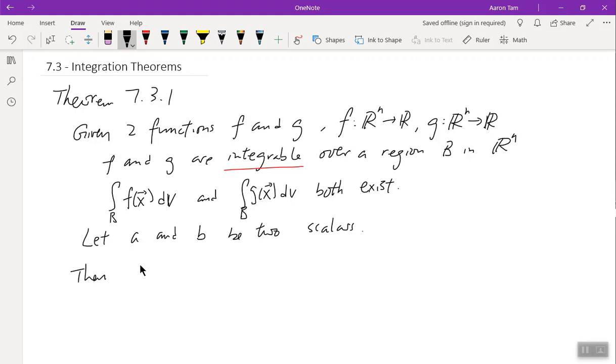If I take the integral over B of a f of vector x plus b g of vector x dV, what this tells me is that if I integrate a sum of two functions or a constant multiple of a function, this is basically the same thing as separating these two integrals and pulling out the constant.